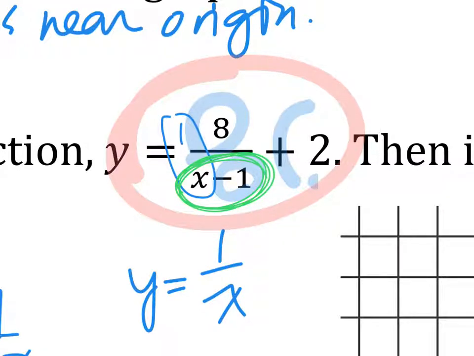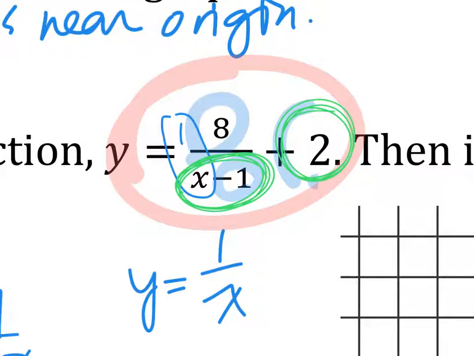The range is according to this number. Because it was not equal to 0, that was the basic one. And when we moved up 2, that horizontal asymptote moved. Okay? And then the vertical asymptote and the horizontal asymptote is according to those green parts as well. Okay, again, the graphing part is probably the hardest one.